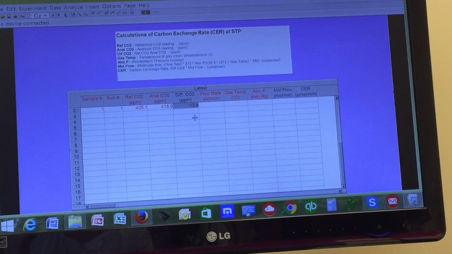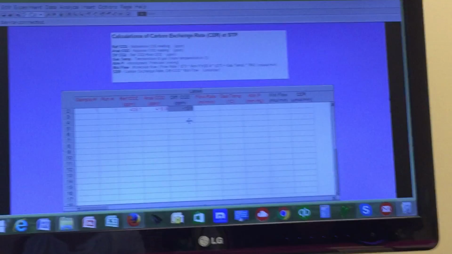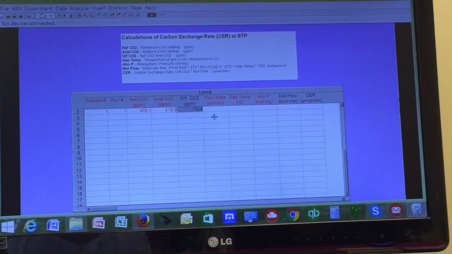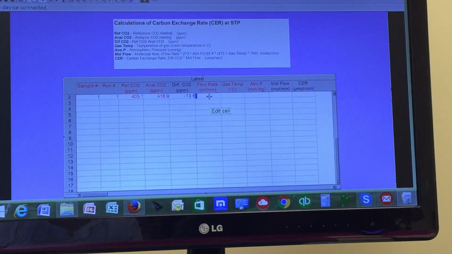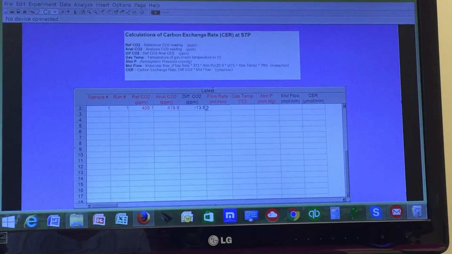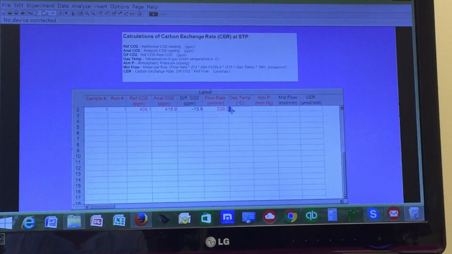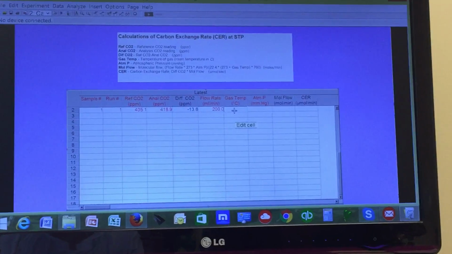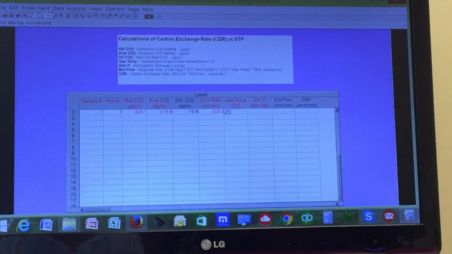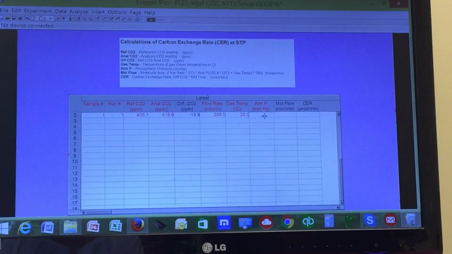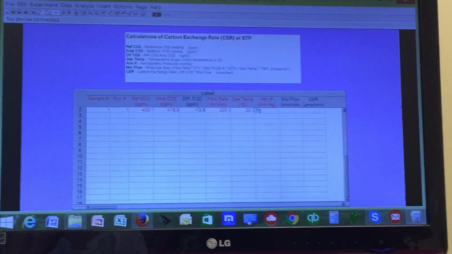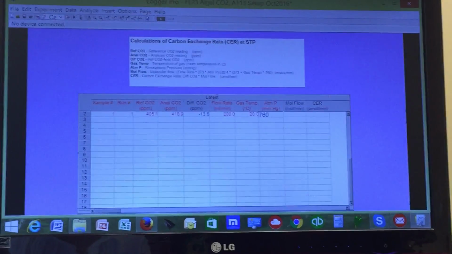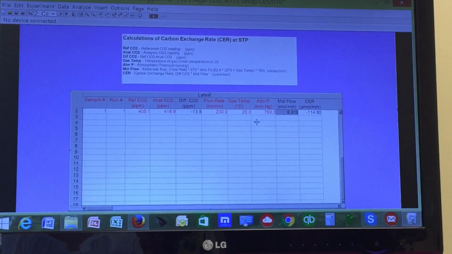So that will be CO2 that's actually dissolved CO2 in the water. The flow rate that we used in this experiment, measured by the rotometer flow meter, was 200 mils per minute. So you enter that here. The temperature will be room temperature, in this case 20 degrees Celsius. And atmospheric pressure, we're going to make an assumption that it's around 760 millimeters of mercury, close to 1 atmosphere.